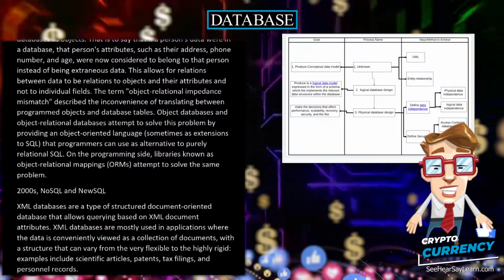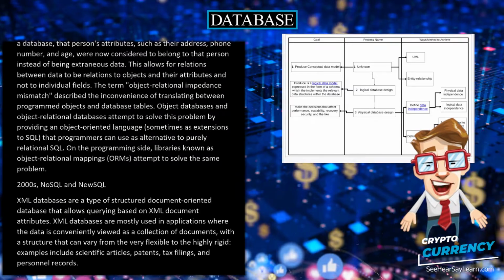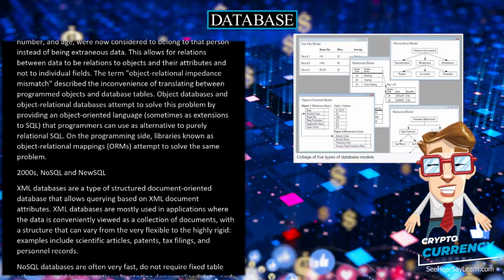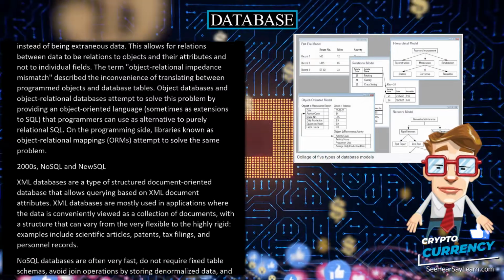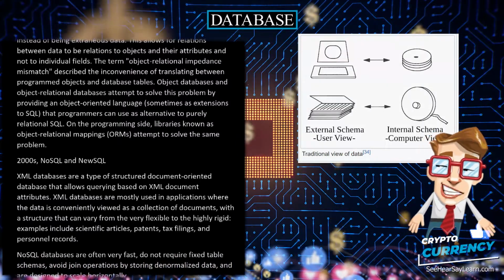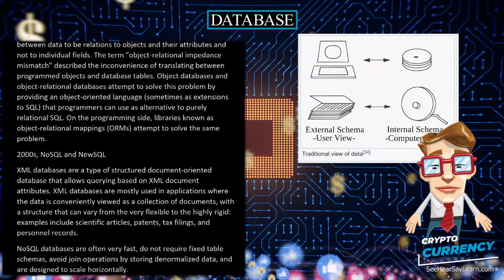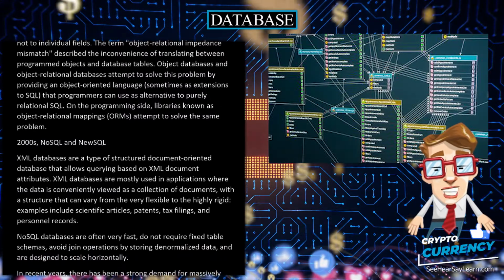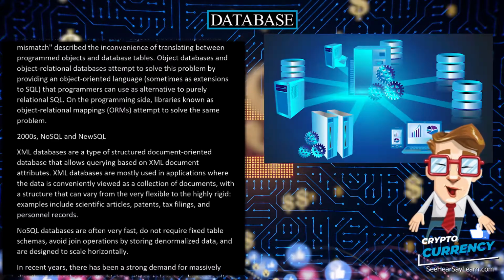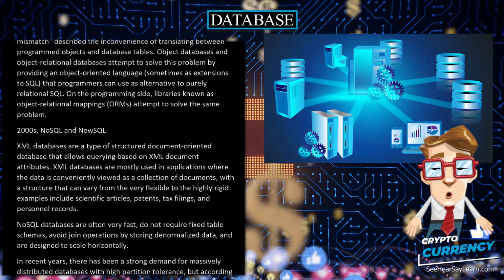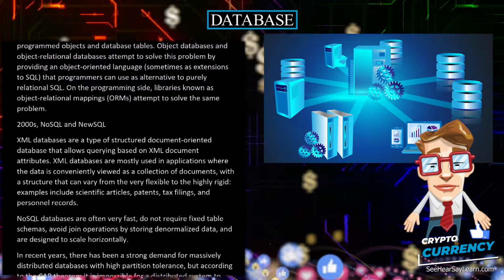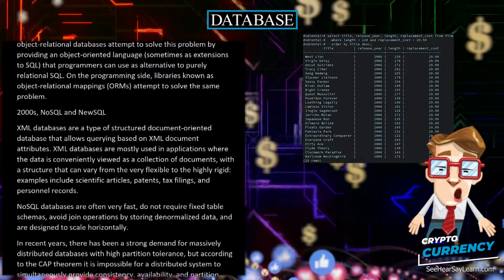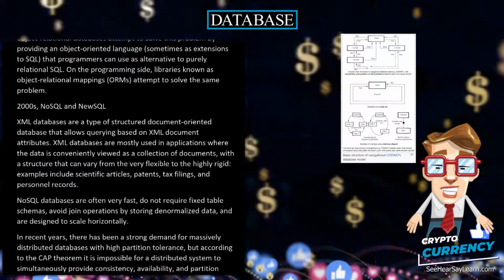The term object-relational impedance mismatch described the inconvenience of translating between programmed objects and database tables. Object databases and object-relational databases attempt to solve this problem by providing an object-oriented language, sometimes as extensions to SQL, that programmers can use as an alternative to purely relational SQL. On the programming side, libraries known as Object Relational Mappings, ORMs, attempt to solve the same problem.